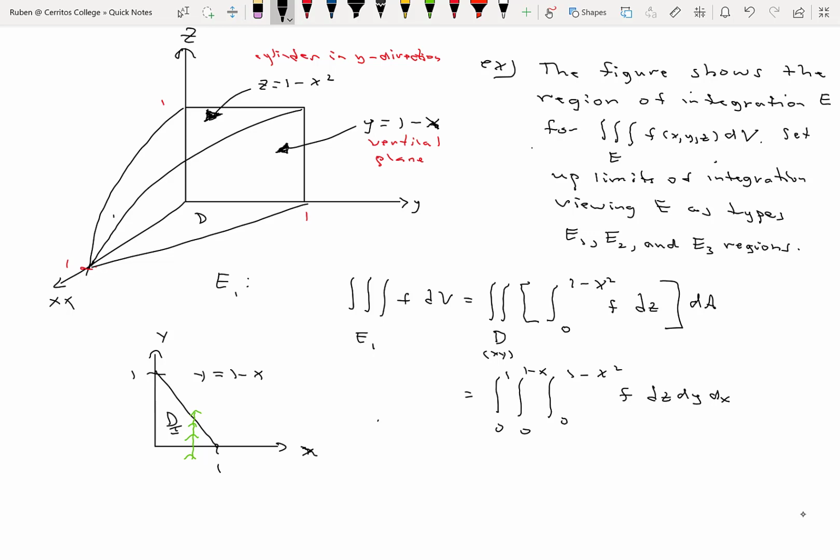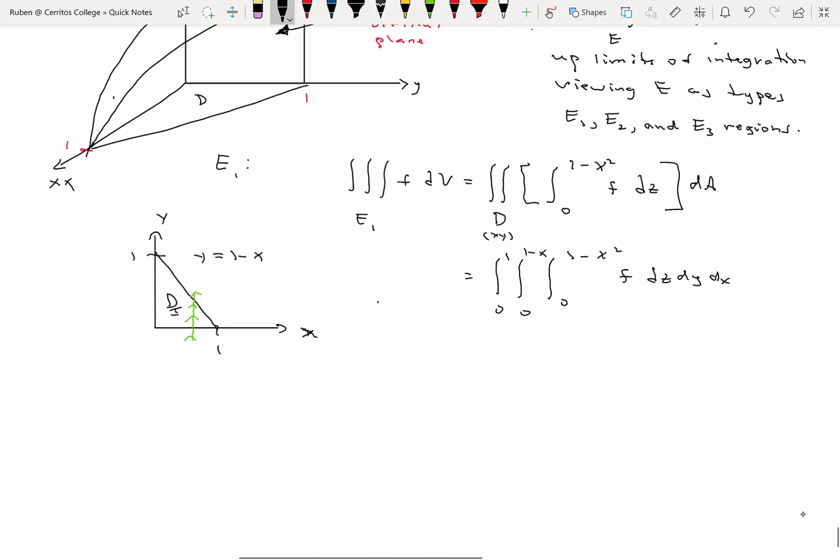Okay, we could have produced another integral by interpreting the projected region in the xy plane as a Roman numeral 2 region, but I think 1 will suffice. We would have integrated, instead of dz dy dx, dz dx dy, but this is okay.